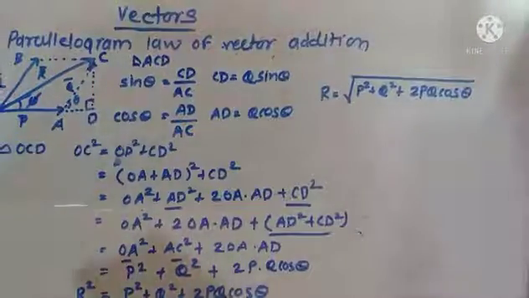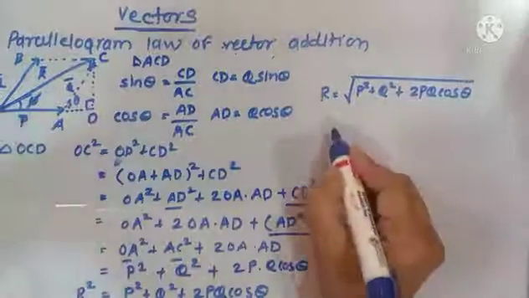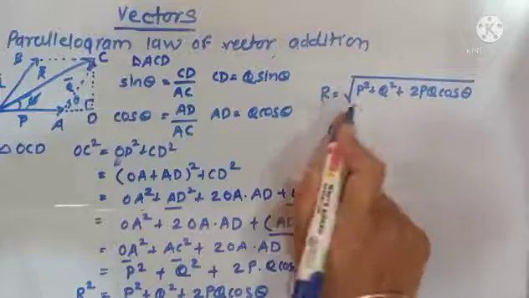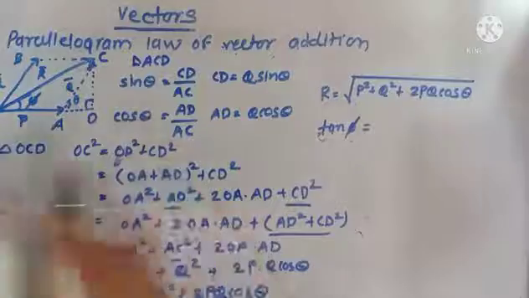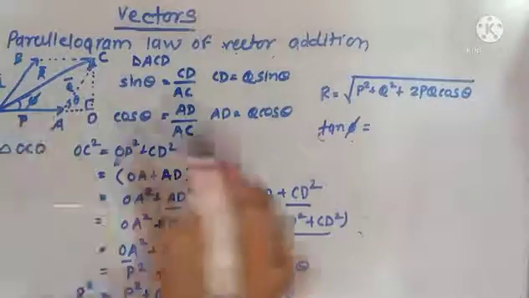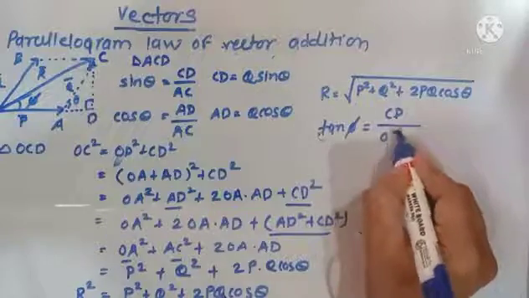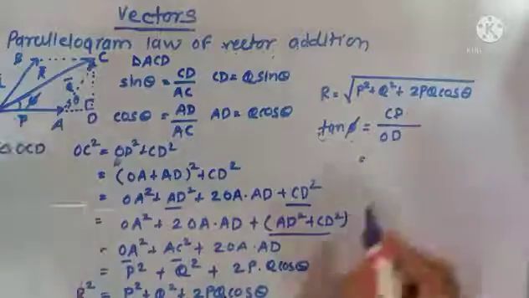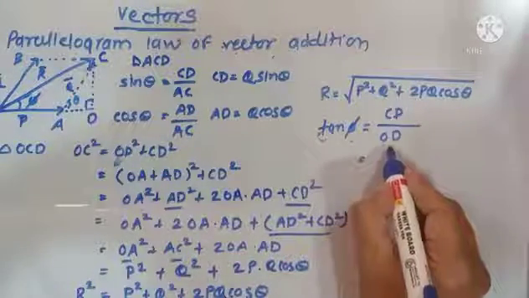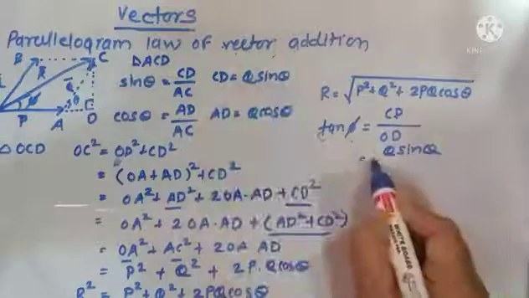Okay, now if I want to find this angle phi, the tan phi can be given by CD upon OD. If I am considering this bigger triangle, CD is nothing but Q sine theta, which we have already calculated.